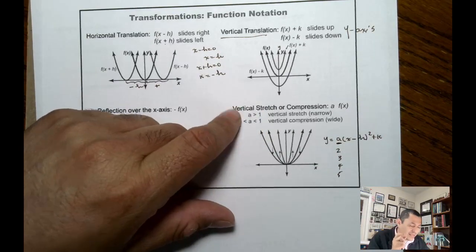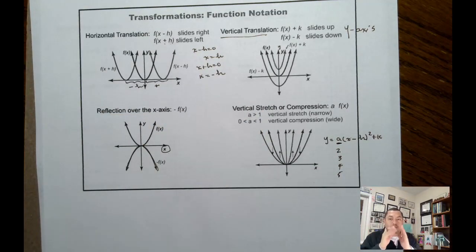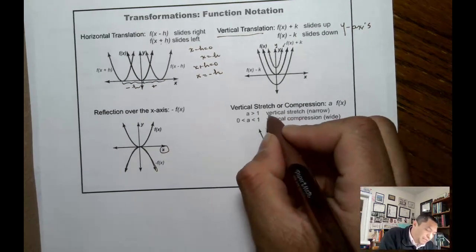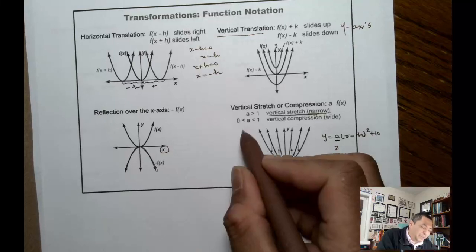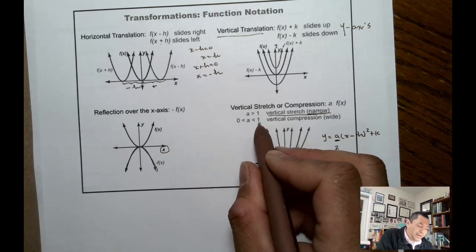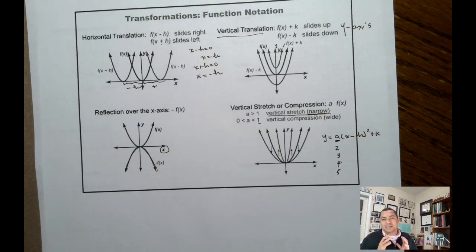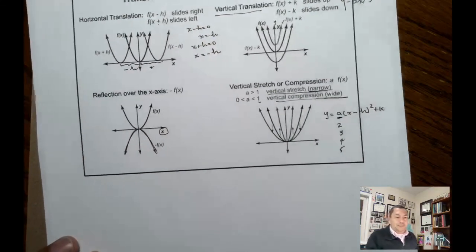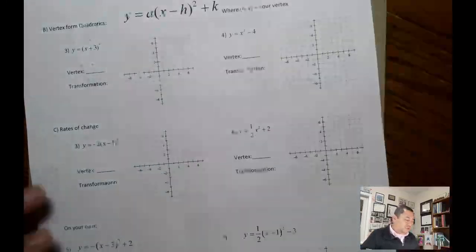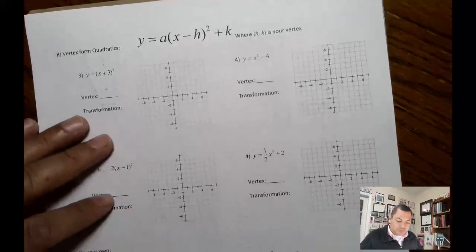That means it's going to narrow the graph. The vertical stretch is going to be narrower. And then if you have a number between 0 and 1, it's going to compress, so you're going to have a wider graph. We're going to see that one in a minute when we do the example. So now we're going to start with problems.